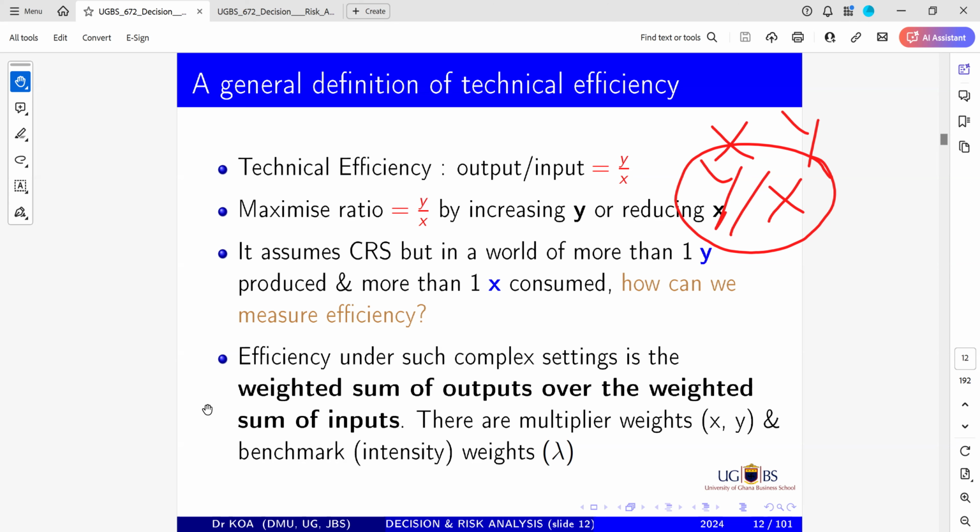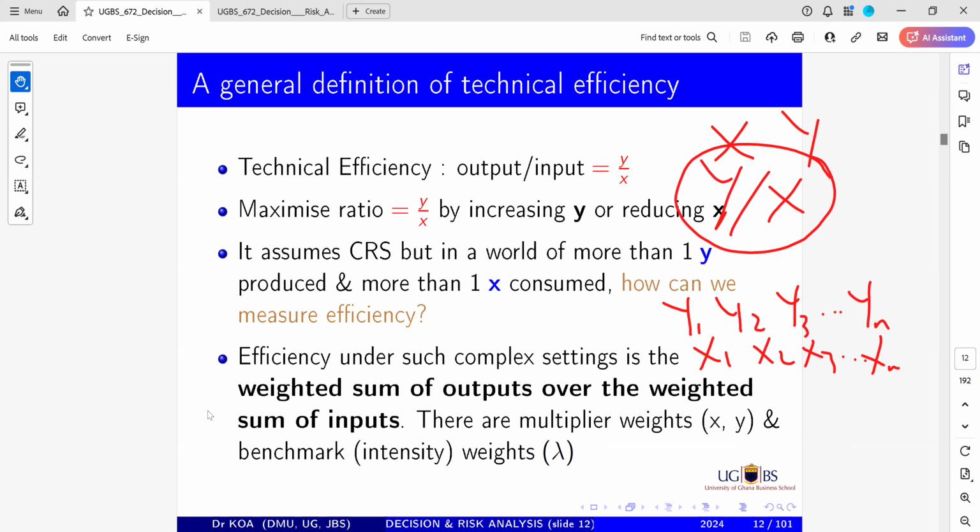Now we don't have one Y, but we have Y1, Y2, Y3, all the way up to Yn. The outputs are many. The same way the inputs are also many.